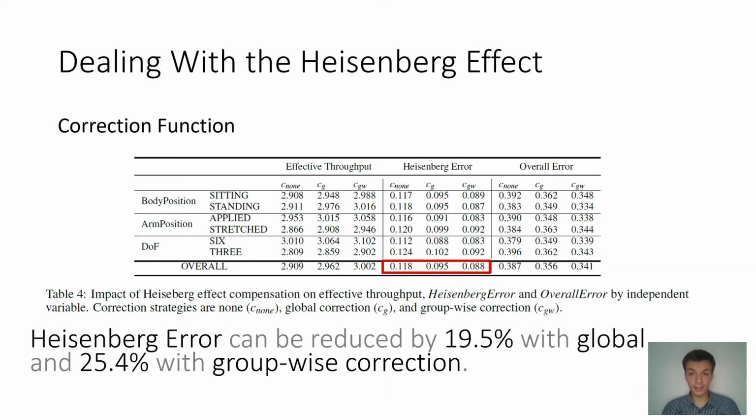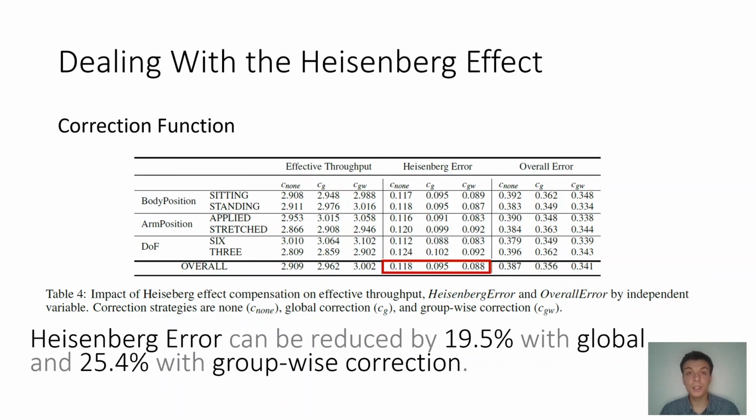If we look at the Heisenberg error, we can see that using a global correction, so just use the correction vector that we calculated that anybody out there could use, or anybody who uses the same trigger button, the Heisenberg error could be reduced by 19.5%. And if we have information on the condition, so the body position, arm position, and degrees of freedom, we can even go down to 25.5%, or reduce it by 25.4%.